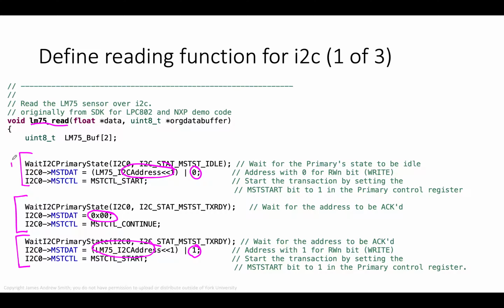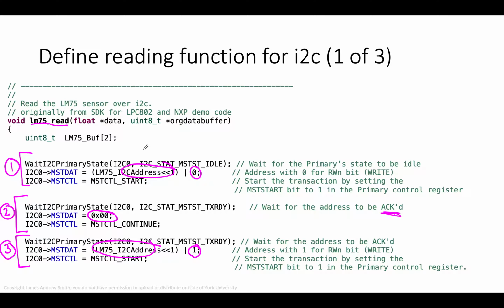So 1, 2, 3 messages sent from the LPC802 to the LM75, and of course there is an acknowledgement that's waited for by the LPC802 from the LM75, because we have to have this sort of back and forth negotiation that's going on.